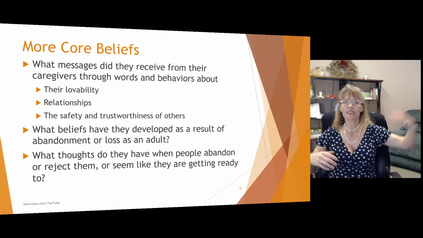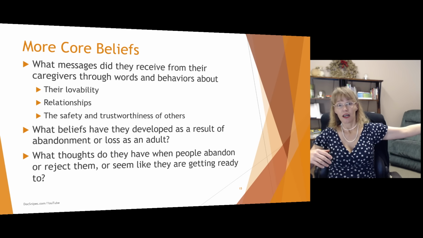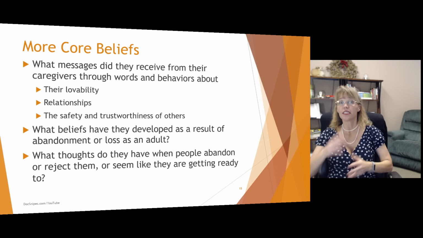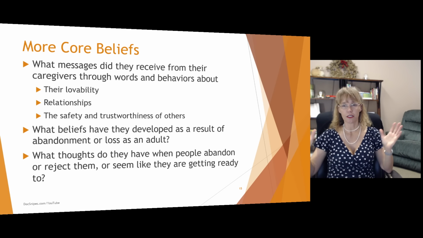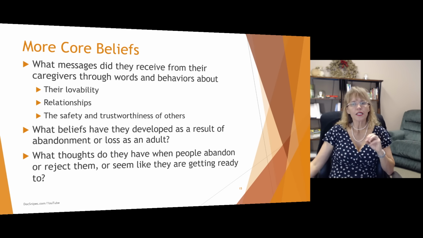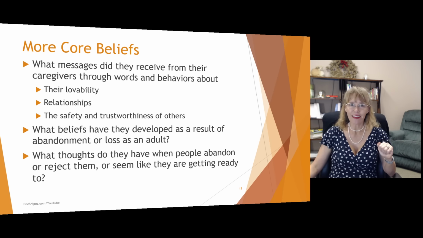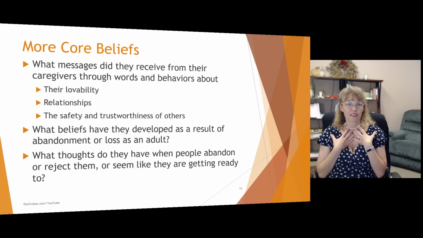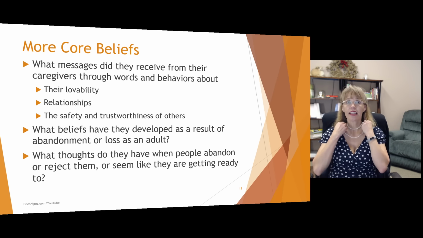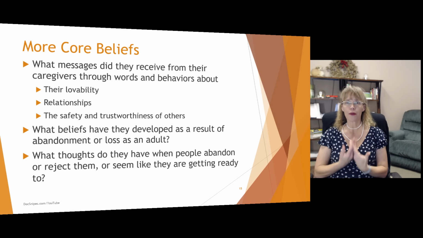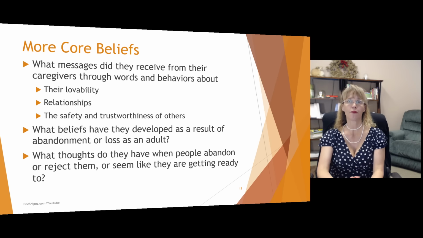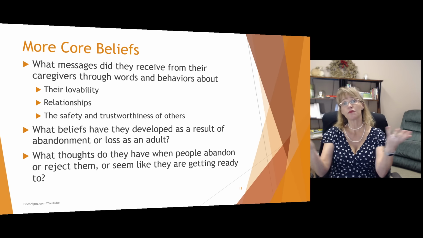Or, like I mentioned earlier, they could have had an insecure attachment all the way through childhood, and it just perpetuated into adulthood. Either way, what beliefs has the person developed as a result of abandonment or loss as an adult? And I put loss in there because remember, when people die, it feels sometimes like abandonment. It is a significant loss. And when we think about, do I want to become vulnerable to somebody again just to risk having them disappear?